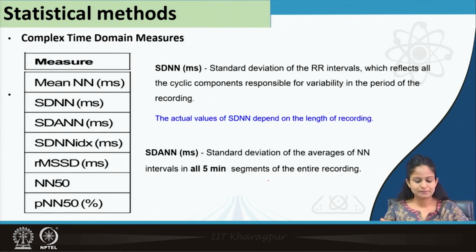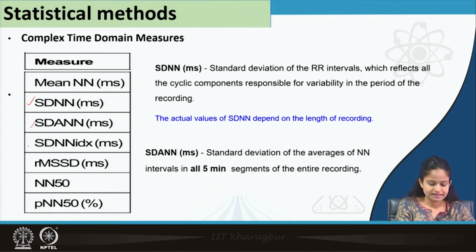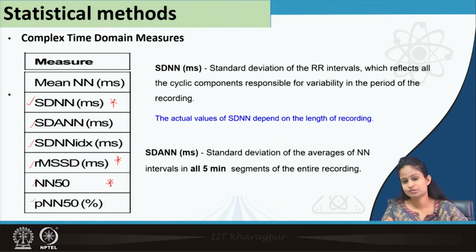Then we have the complex time domain measures: SDNN, SDANN, SDNN index, RMSSD, NN50 and NN50 percentage. Of these, the very important ones to remember are SDNN, RMSSD and NN50. We usually concentrate on these three.